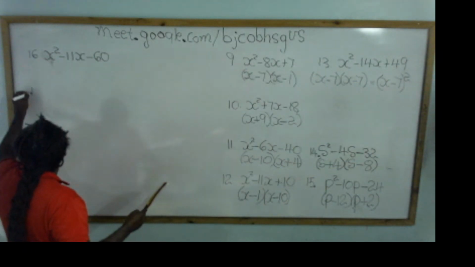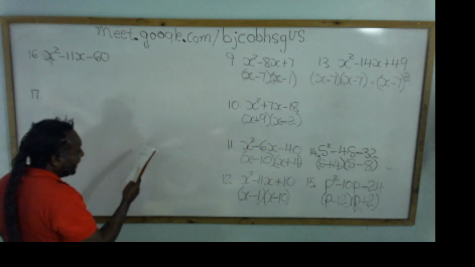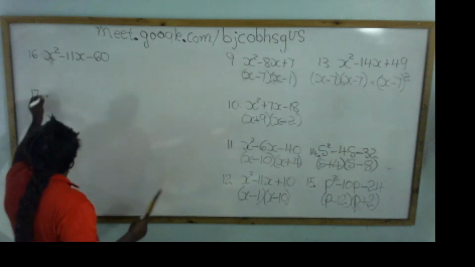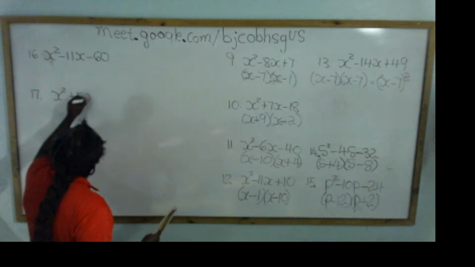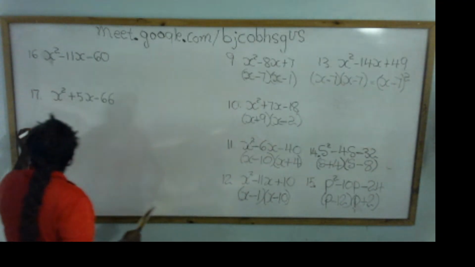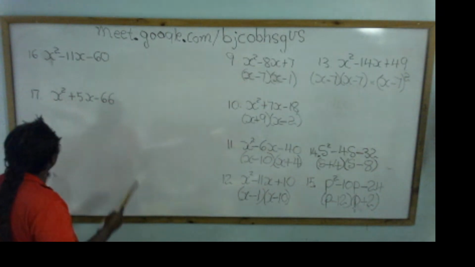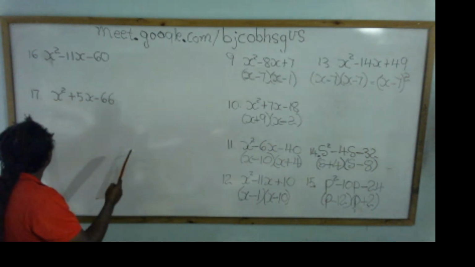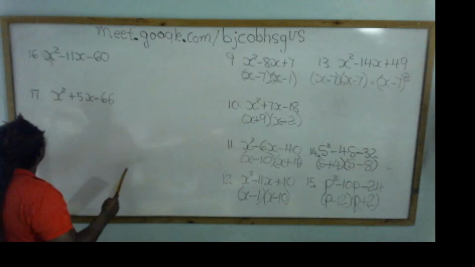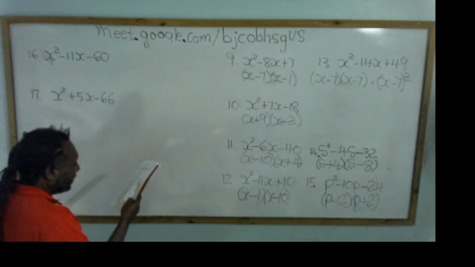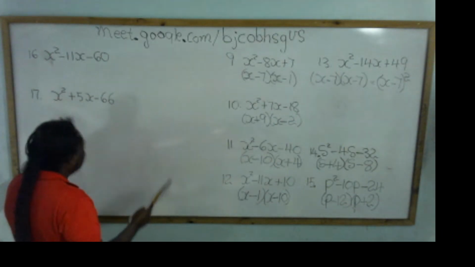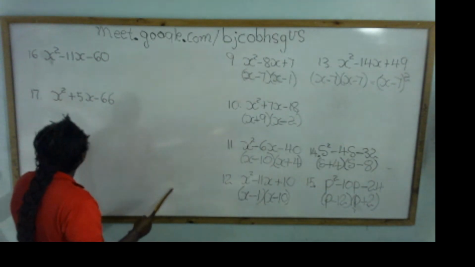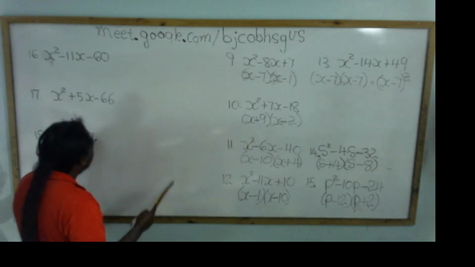Number 17 is x squared plus 5x minus 66. Number 18, a squared plus 2a minus 80.